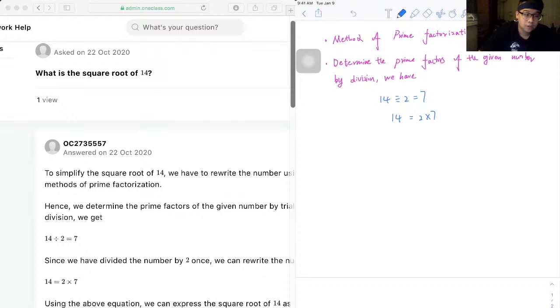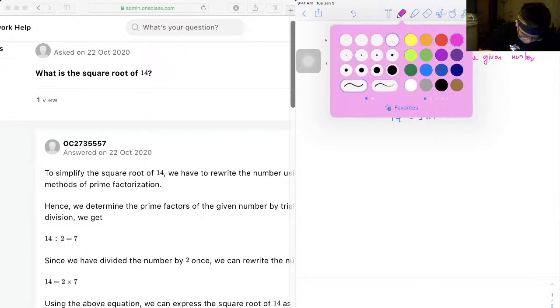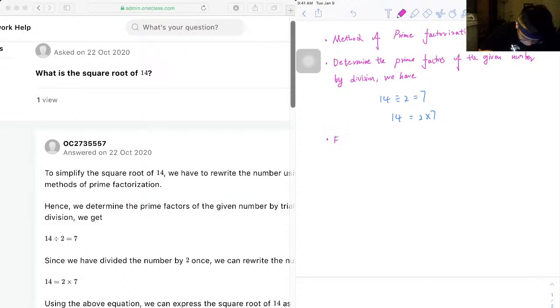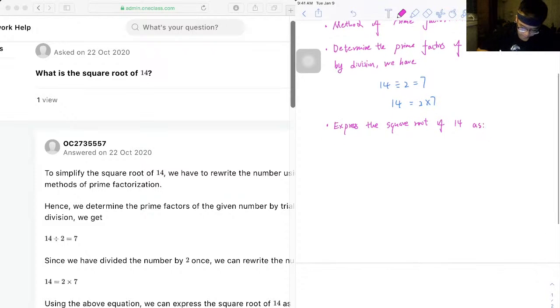Using the above equation, we can express the square root of 14 as root 14 is equal to root 2 times 7.